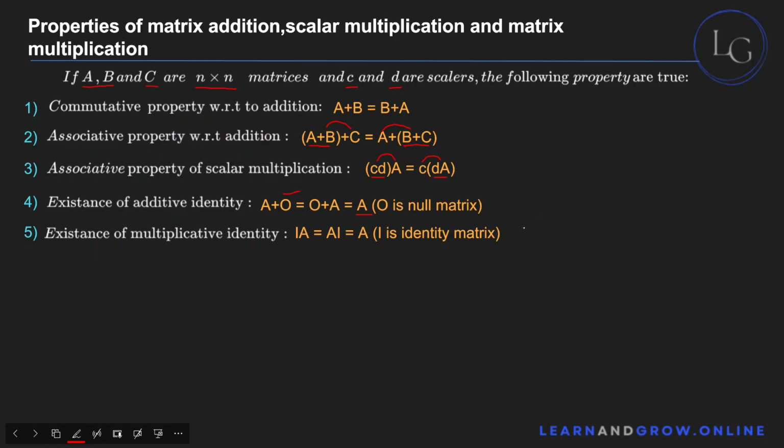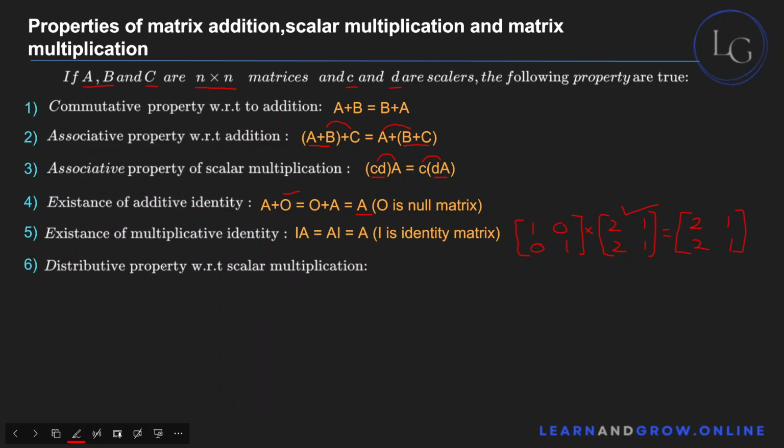So for example, we have a two by two identity matrix, and if you multiply that with, let's say, this here, it will give you the same matrix. And if you just reverse this, if you put this matrix here multiplied with this, it will give you the same result, which is this matrix.